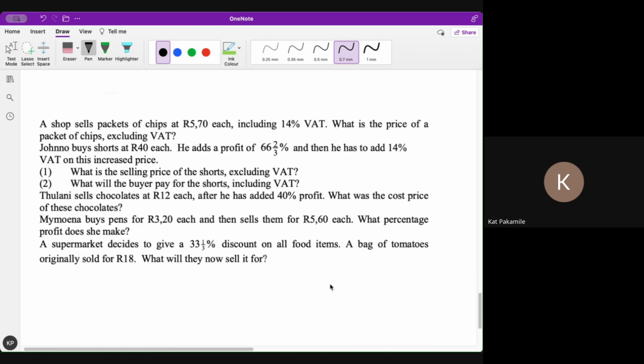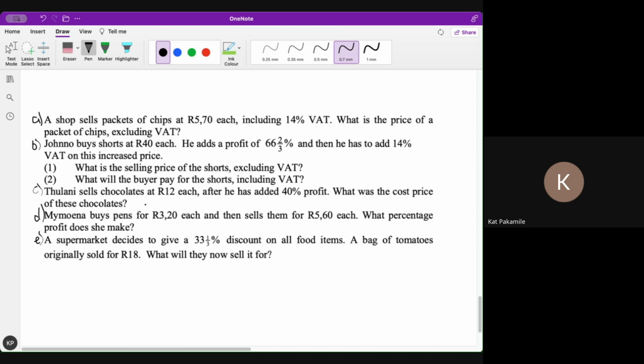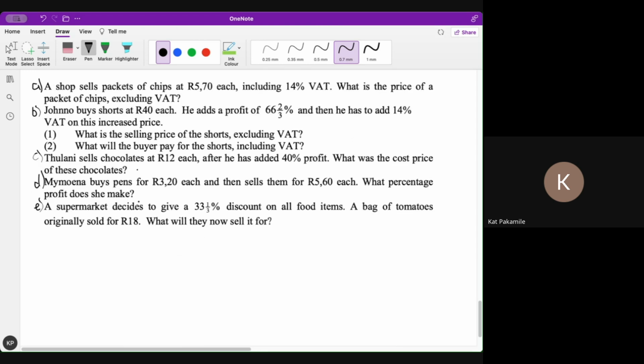All right, okay, let me number all of these so that we're not confused. A, B, C, D, E. Okay. Now, we're going to do all of these. Let's see.